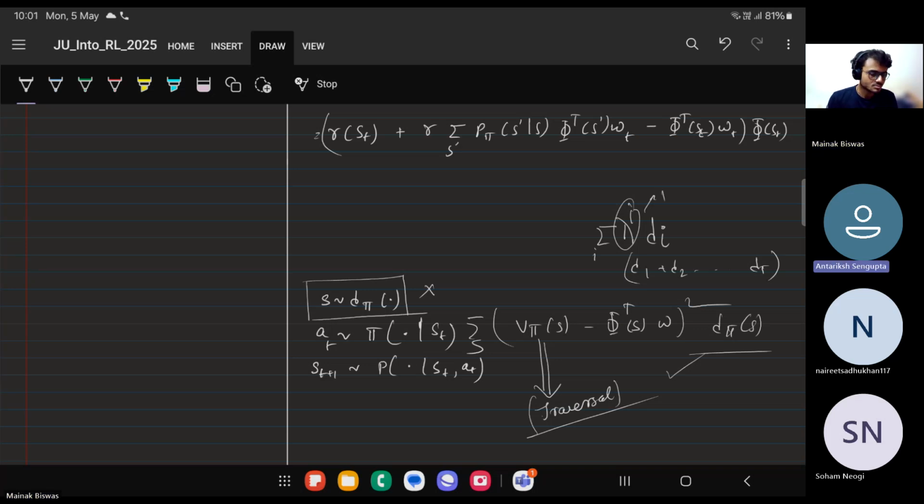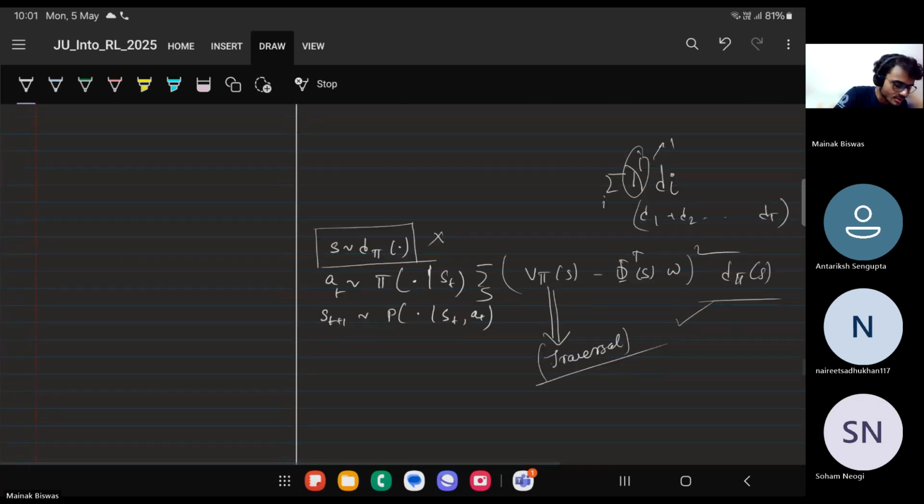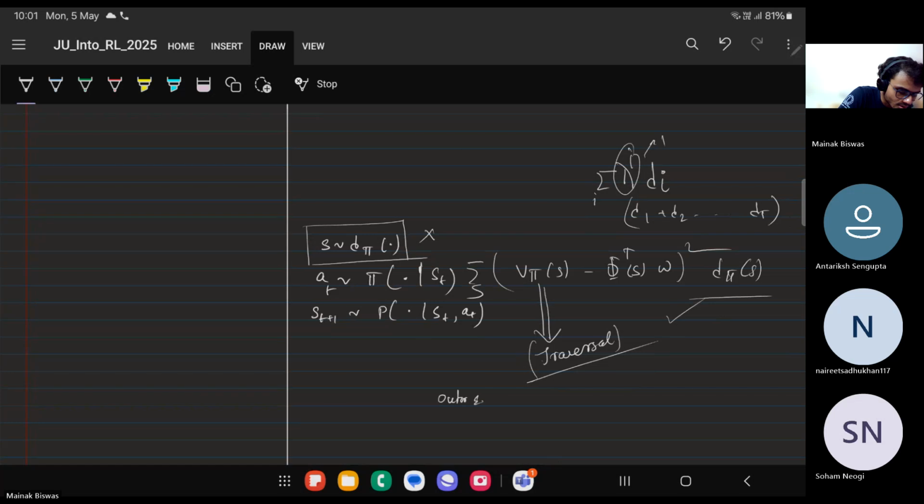The V pi at the end is an expected function. Within it, it is kind of traversing, but our agent isn't traversing. That's the point. So our outer function is also an expectation. We are basically sampling the start state based on the stationary distribution and then traversing. If we had gone along a trajectory, we would have sampled our first step for every iteration.